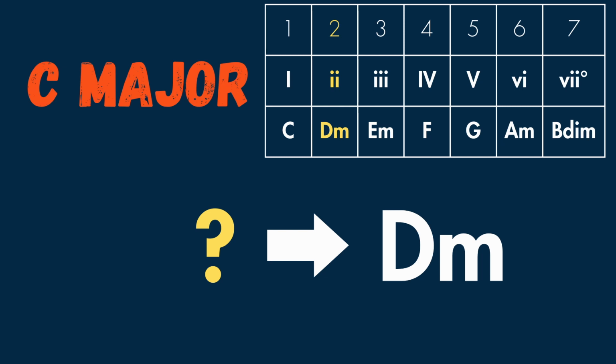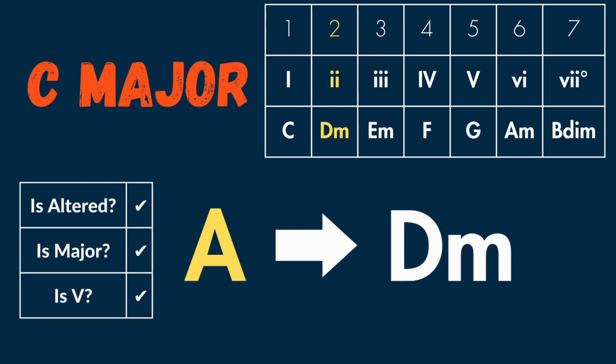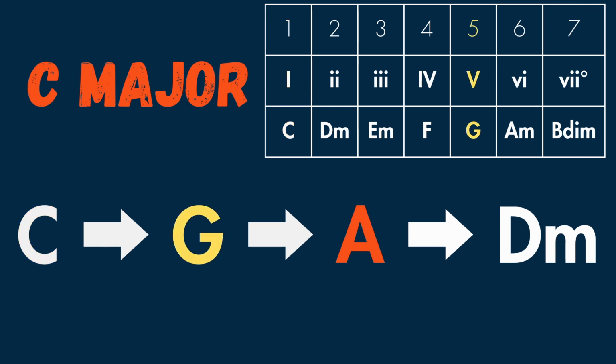The way to have a really powerful transition to that D minor chord, even though it's just the 2 chord, and minor 2 chords really don't sound resolved in the context of any key, is to just have a secondary dominant, which in this context would be an A major chord. So if you want to have an extra powerful transition to one of the chords in your key that isn't your tonic, that isn't your 1 chord, a great way to do that is to have a secondary dominant.